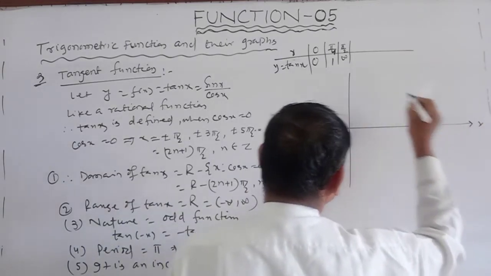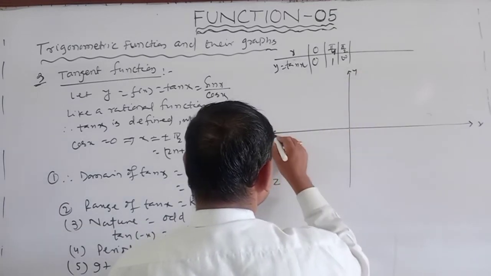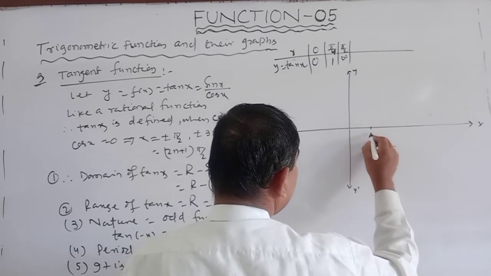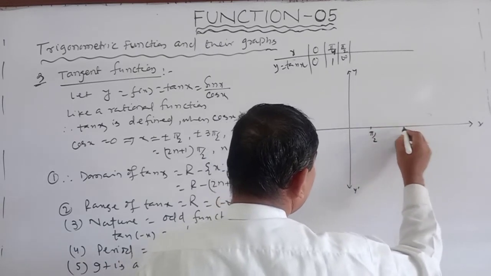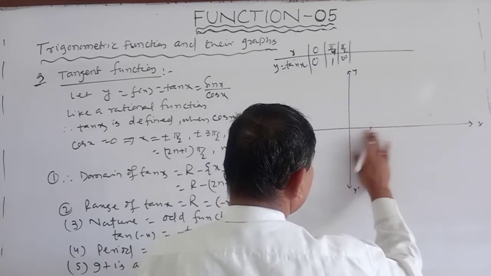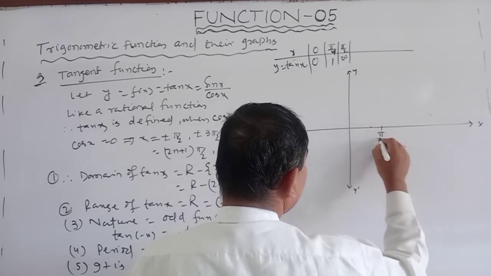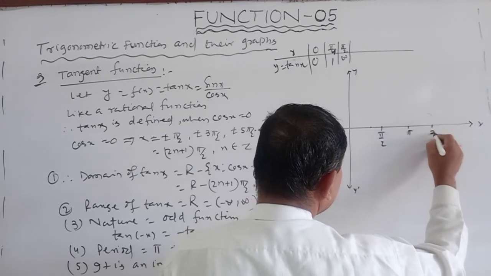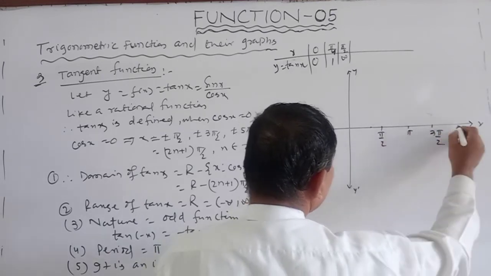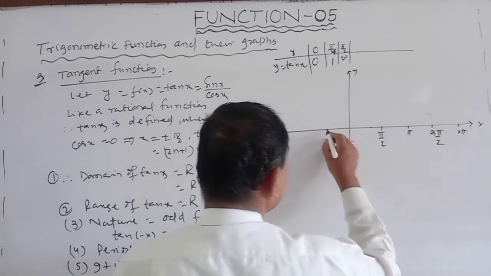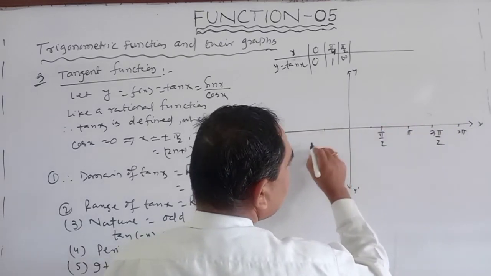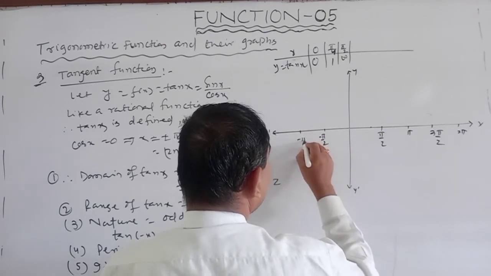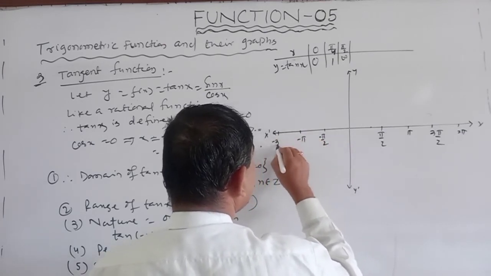This is the x-axis, this is the y-axis, x dash, y dash. So this is pi by 2, pi, 3 pi by 2, 2 pi, minus pi by 2, minus pi, minus 3 pi by 2.